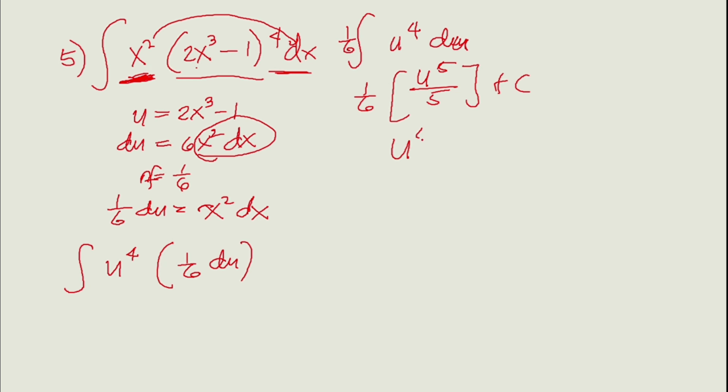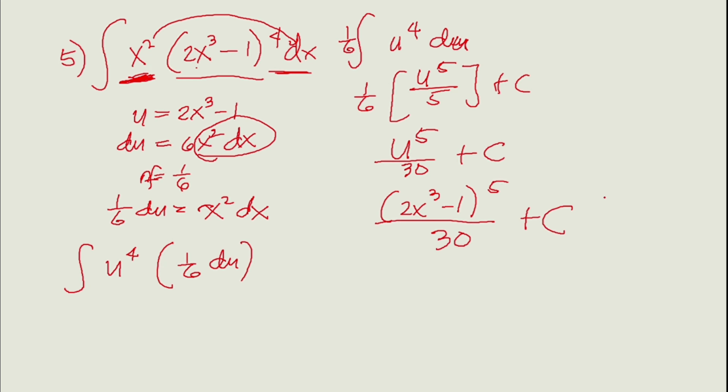So u raised to 5 over 30 plus c. Substituting u, we have 2x cubed minus 1 raised to 5, over 30, plus c. Okay, that's it for number 5.